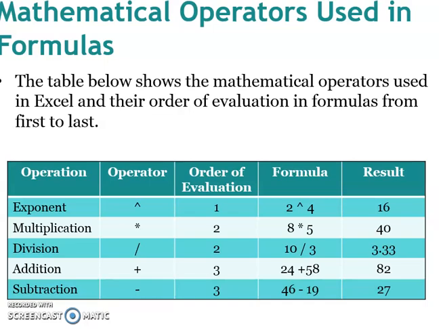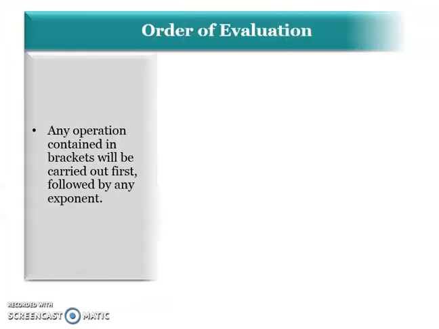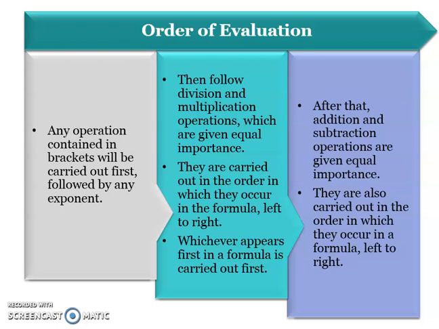Like that, addition and subtraction are equal, so just solve them from left to right, whichever comes first. So firstly we solve the exponent, then multiplication and division, and then addition and subtraction. If any operation contains brackets, we carry them out first. Brackets are always first, then exponent, then division and multiplication because they are of equal importance, then addition and subtraction.